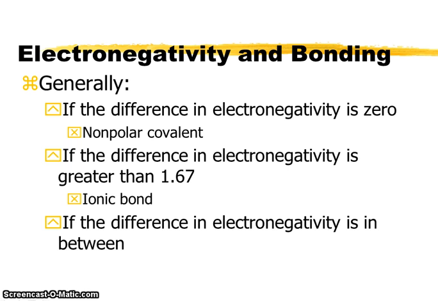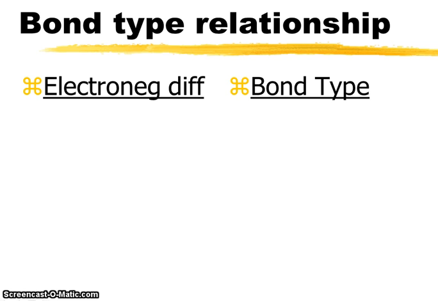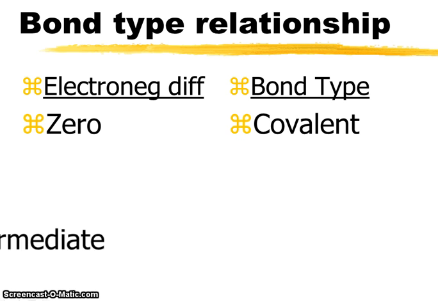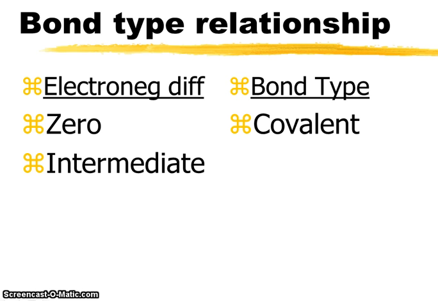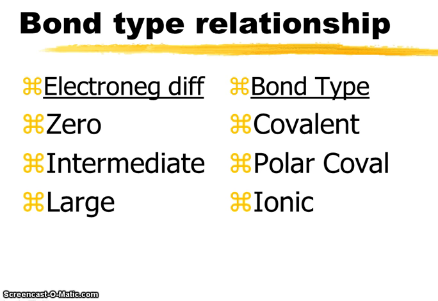And if the difference in electronegativity is somewhere greater than 0, but less than 1.67, we're going to have a polar covalent bond. So bond relationships. If the electronegativity difference is 0, it's covalent. If it's kind of in the middle, it's polar covalent. And if it's large, it's ionic.